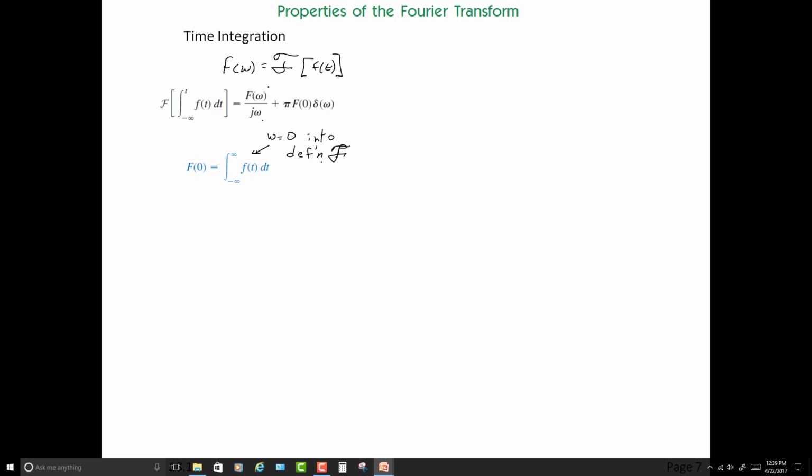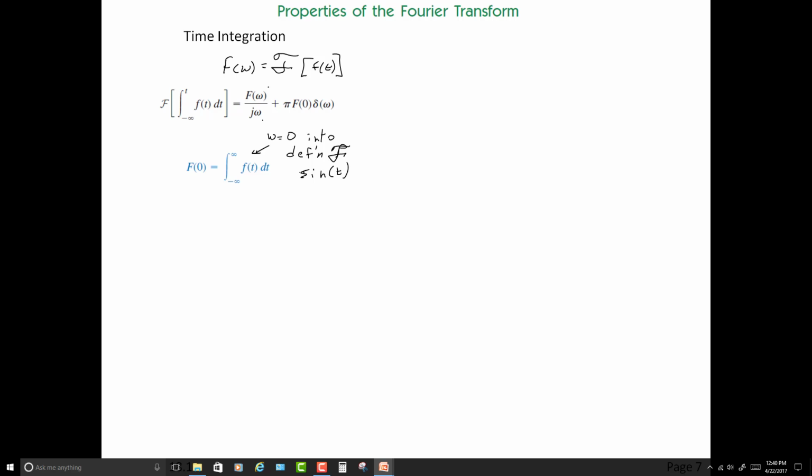But if omega is 0, e to the 0 is going to be 1, and so it reduces to this. And this is the DC component. If the function is, say, a known item that has no DC component, like a sinusoid, the sine of t, and you integrate this between minus infinity and infinity over all time, you end up with 0.